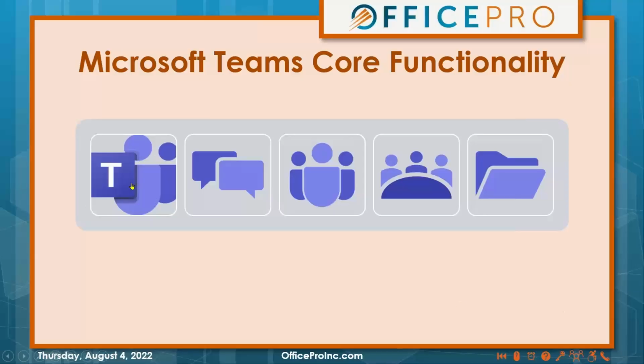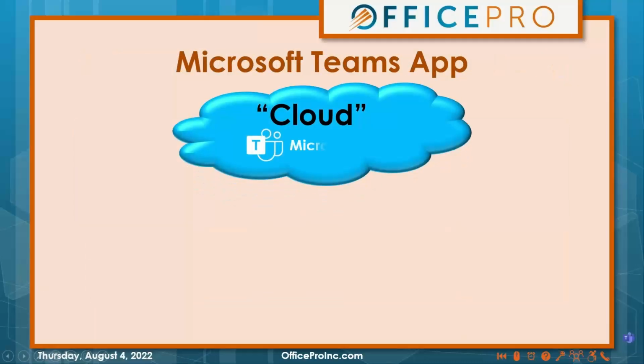Now, when it comes to Teams, essentially it's a cloud-based application, but it does come in different flavors that can support you regardless of your current circumstance. So let's take a look at what this means. Teams lives in the cloud.